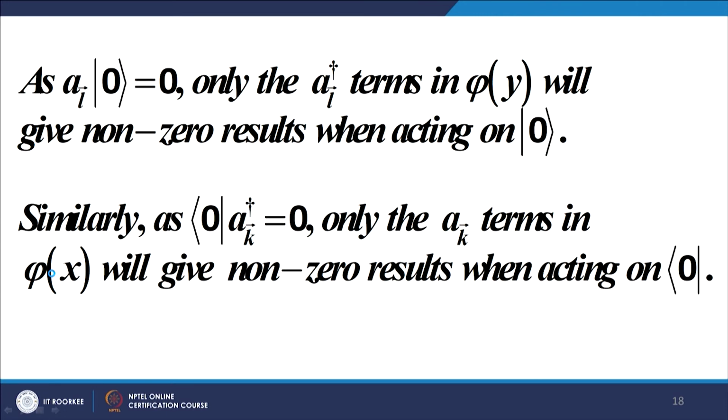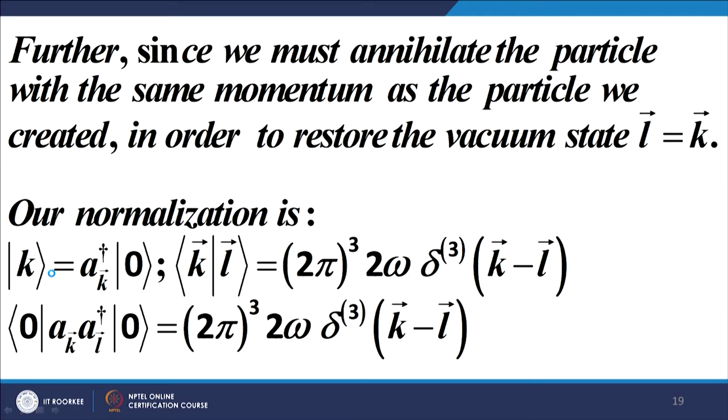So, that is important. Now, if we want to recreate the ground state, we must annihilate the particle with the same momentum as the particle we created. In other words, l must be equal to k if we want to recreate the vacuum state, first by creating a particle and then annihilating a particle.